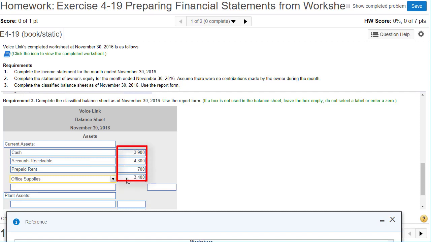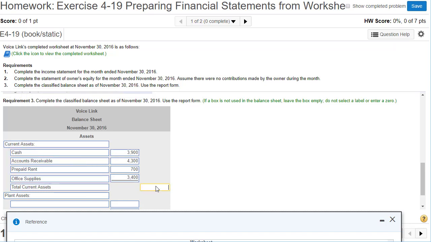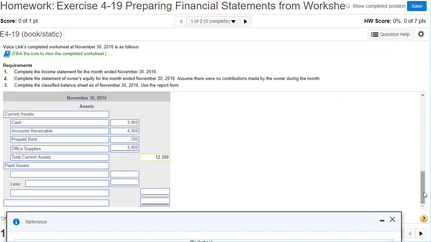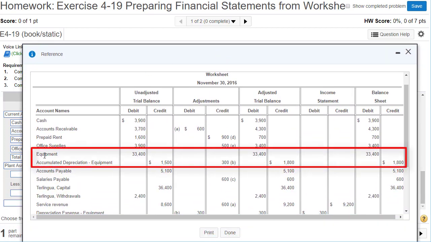Okay, now I'm going to add these up, and that gives us our total current assets. When I add those up, those become $12,300 of current assets. In other words, assets we expect to use up or be turned into cash within the next 12 months. Plant assets. We've got our equipment and then the associated accumulated depreciation on that equipment.